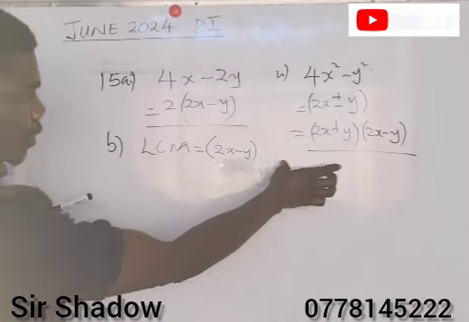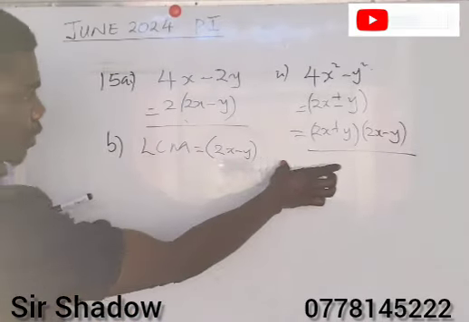So for this to enter into this expression, we have to add 2x plus y. But this expression can't enter into that one, because we have 2 here, so we have to add 2. So this becomes the lowest common multiple between those two given expressions.